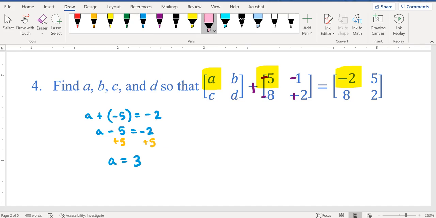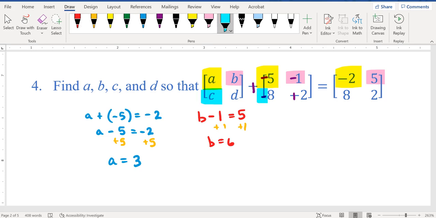The next one says B plus -1 equals 5. So B minus 1 equals 5. Adding 1 to both sides, I get that B equals 6.